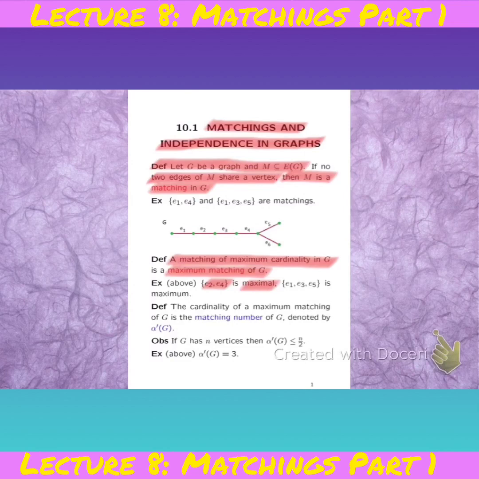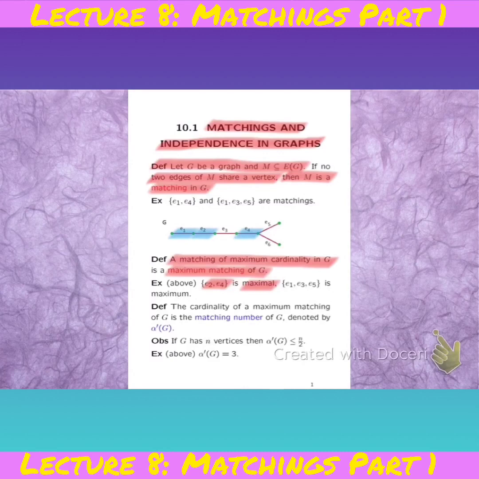Why is that? So let's look at E2 and E4. Right, that's clearly a matching. Now, why is it maximal? It's maximal because if we add any extra edge to my set, so let's say we add that edge there, then we see that E1 and E2 both share a vertex.